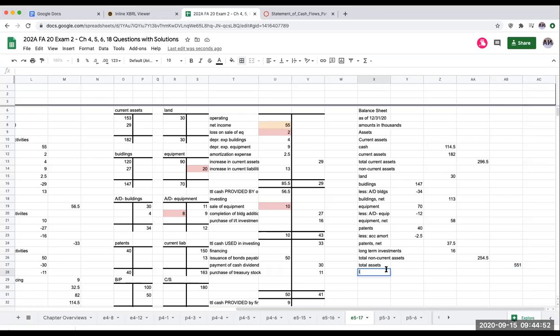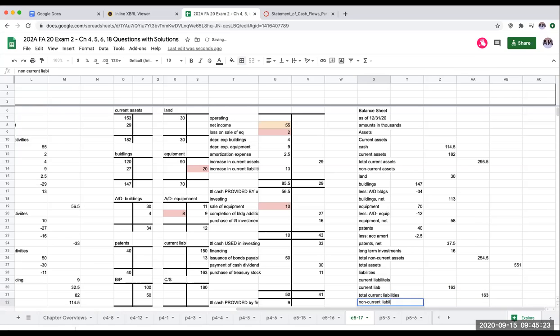Okay, my liabilities. I've got current liabilities. Over here, my current liabilities are actually grouped into one account, and this is going to be 163,000. So my total current liabilities is going to be 163.